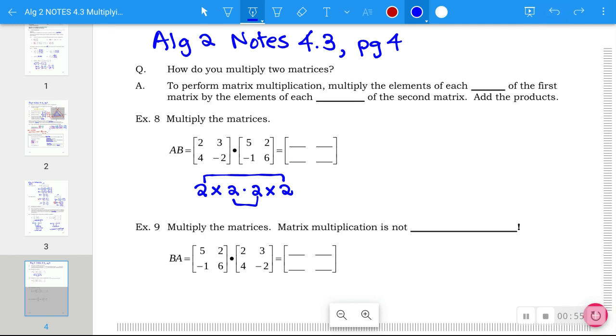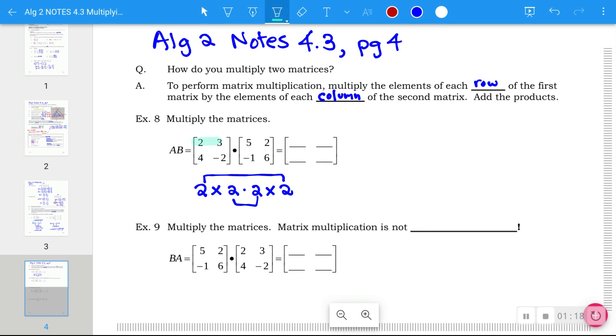Up above here, it says to perform matrix multiplication, multiply the elements of each row from the first matrix by each of the elements in each column of the other matrix. So it's the rows that we use.